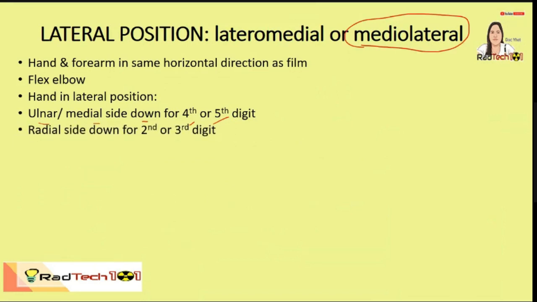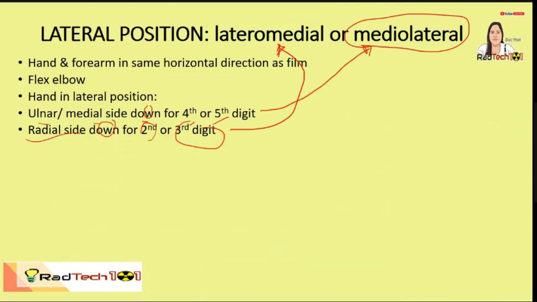Pero, if you are going to examine the second or third digit, the radial side or the lateral side must be down. When we say down, near the table. So this is for lateromedial. This is for medyo lateral.